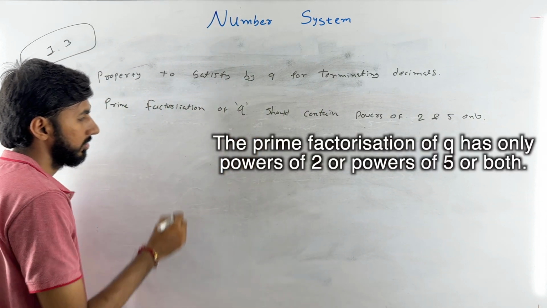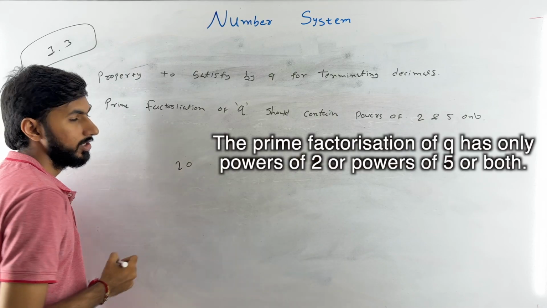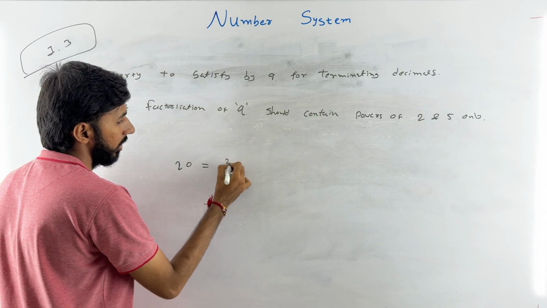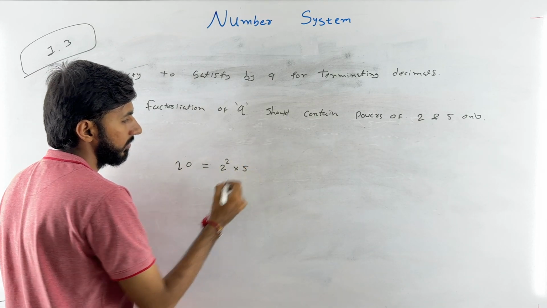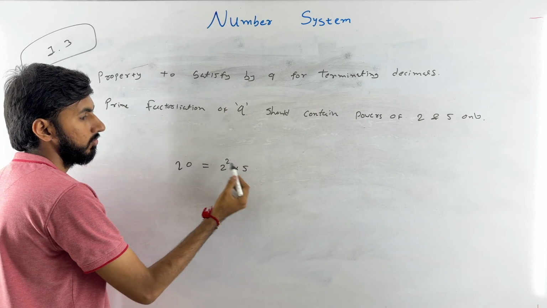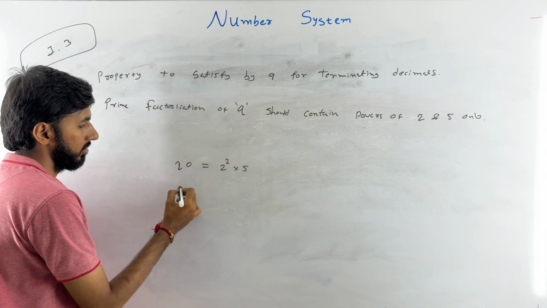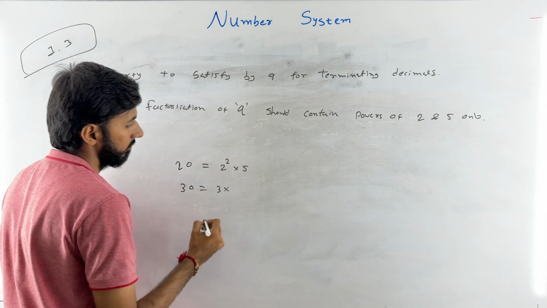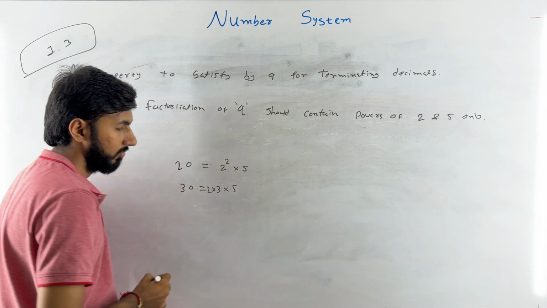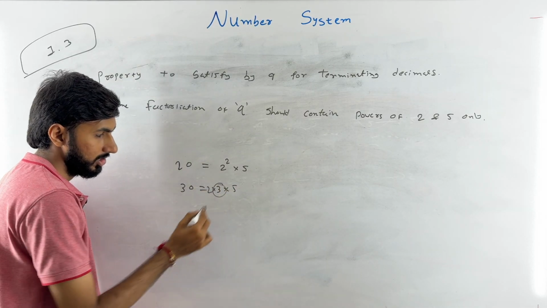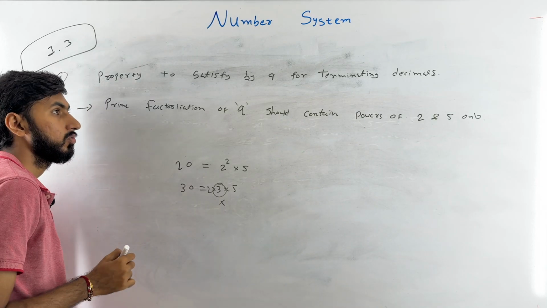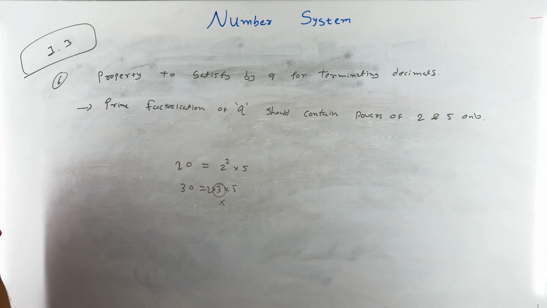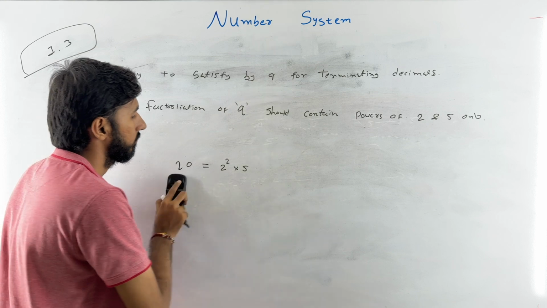What I mean by this sentence, if I get 20 in the denominator, I can write 2 power 2 multiply 5. So I got the powers of 2's and 5's only. If I write 30, the prime factorization will be 2 multiply 3 multiply 5. So here I get 3 extra that cannot be present to get a terminating decimal expansion. So it will also be wrong.